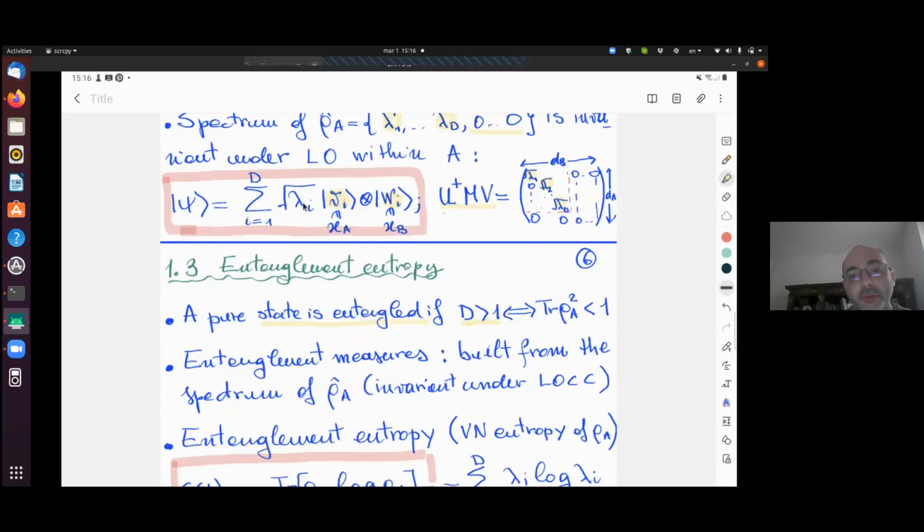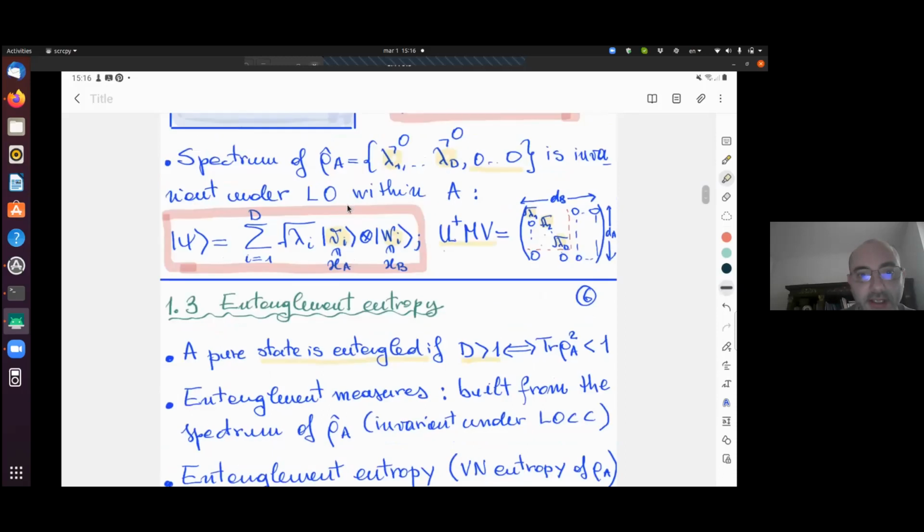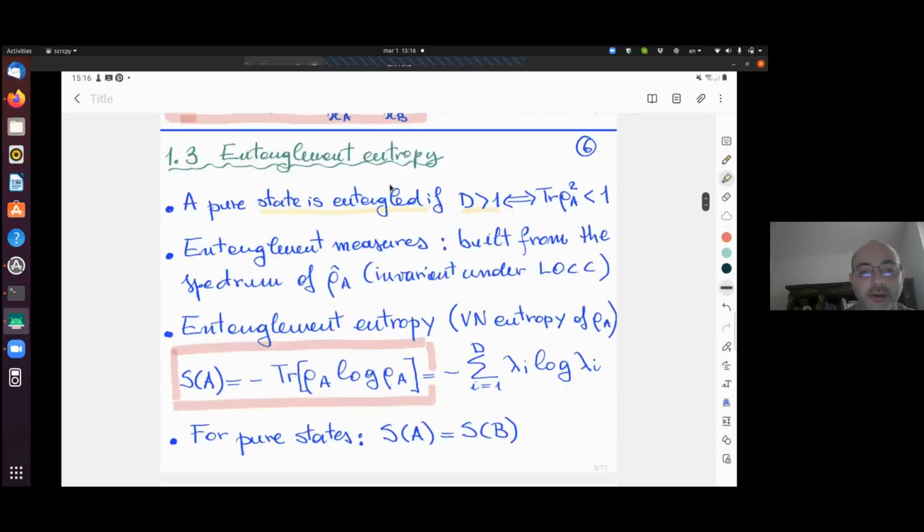And it's also important to observe that this decomposition is independent of any unitary transformation that you do on region A and region B. So in the language of quantum information, these operations are called local operations and classical communication.